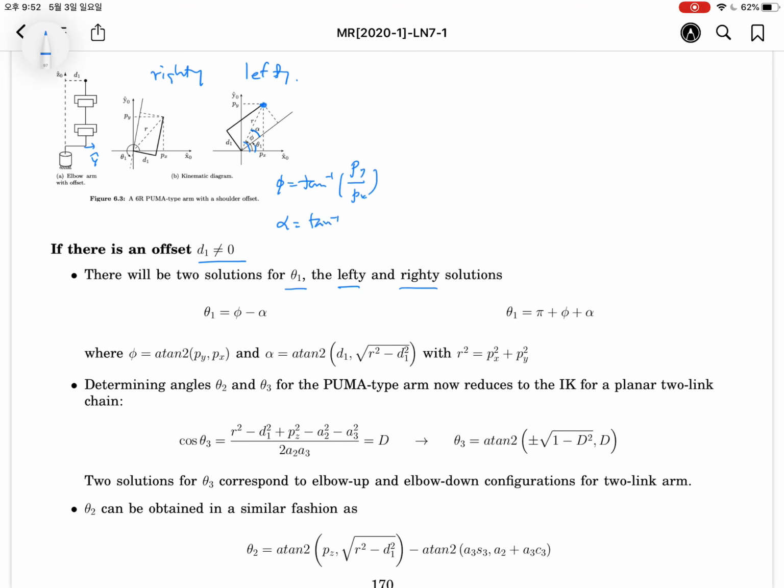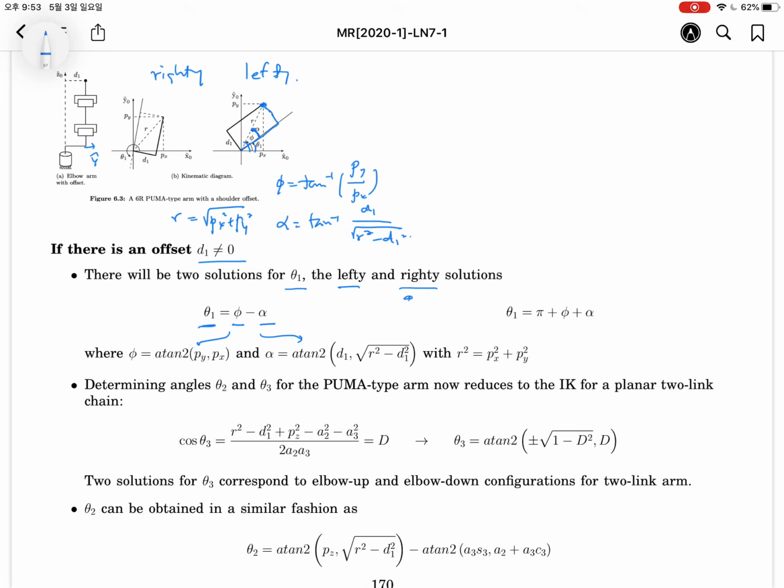And alpha is the constant value, the arctangent of d1 over the square root of r square minus d1 square. R is determined from px square plus py square. So theta 1 is obtained in a very easy way, phi minus alpha, from here and here.